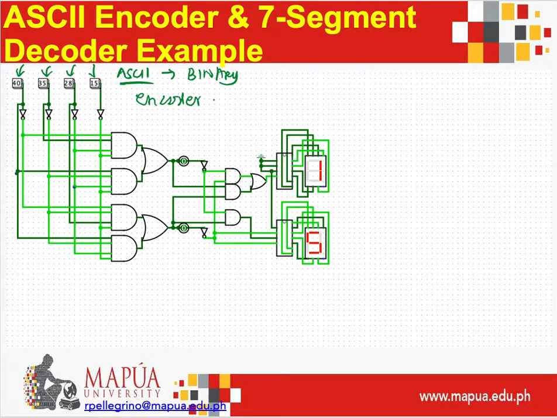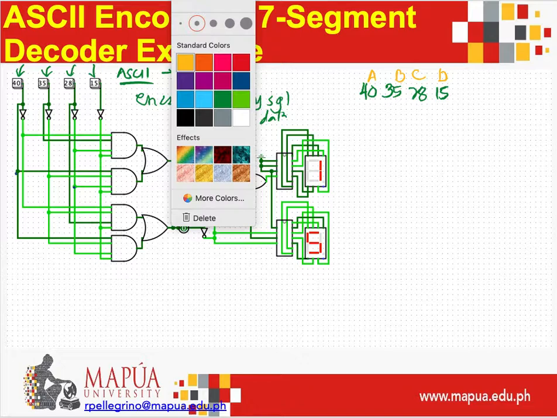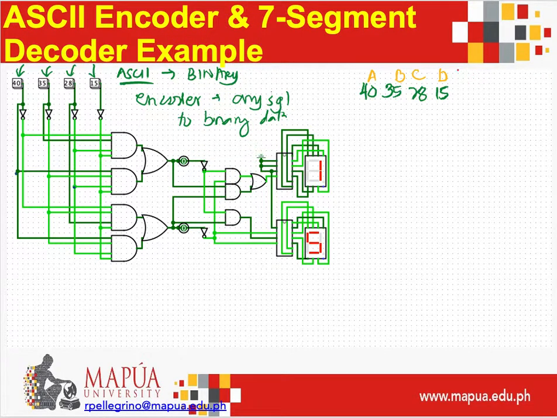to binary data. In this case, we have 40, 35, 28, and 15, which can be represented by A, B, C, and D. And of course, we have our outputs X and Y. We will be representing 15 as 0, 0.